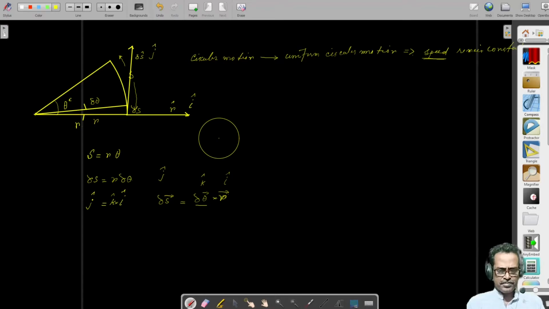Now, if this del S distance is covered in del t time, then del theta divided by del t cross R, so we can say that V, this is the tangential velocity, is equal to omega cross R. Okay.